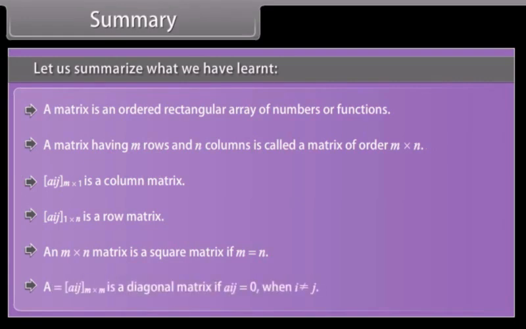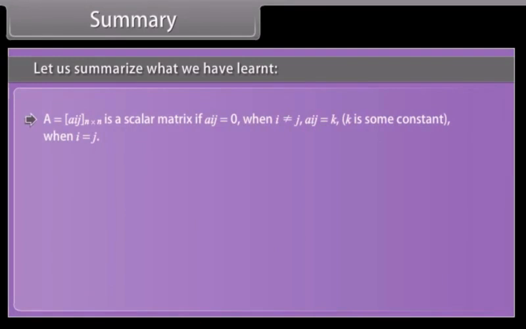A = [aij] m by m is a diagonal matrix if aij is equal to 0 when i is not equal to j. A = [aij] n by n is a scalar matrix if aij is equal to 0 when i is not equal to j, aij is equal to k, where k is some constant, when i is equal to j.